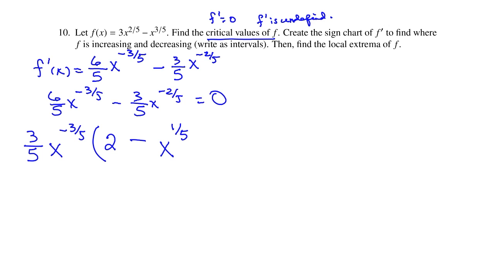And you get that by just subtracting these powers. -2/5 minus -3/5 is +1/5. And you should also check it. If I multiply x to the -3/5 times x to the 1/5, do I in fact get x to the -2/5? Sure, because -3/5 plus 1/5 is -2/5.